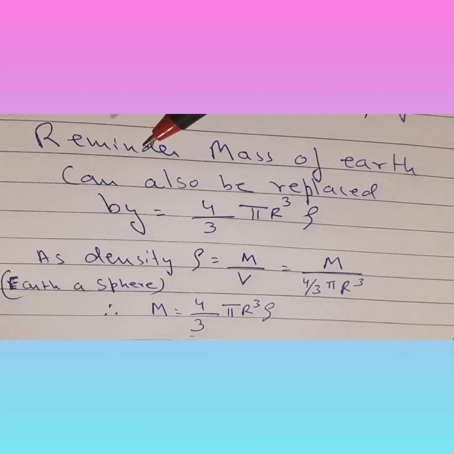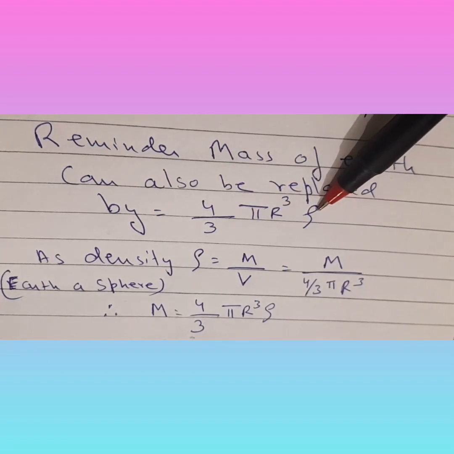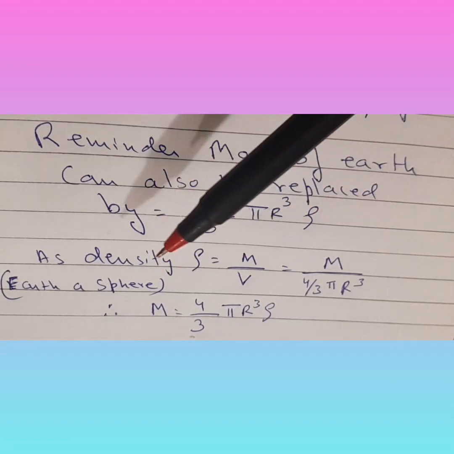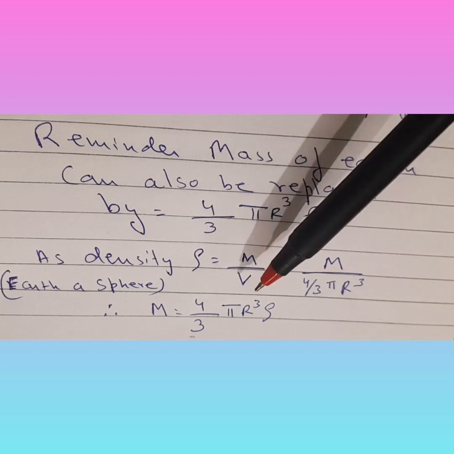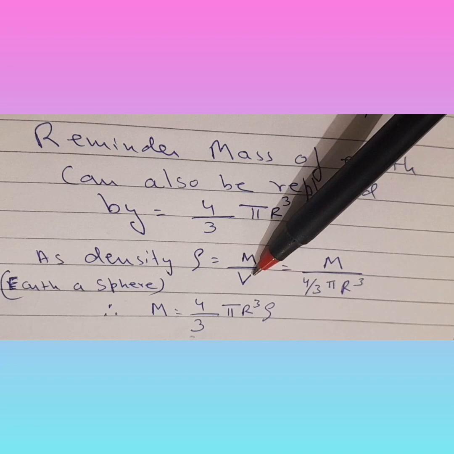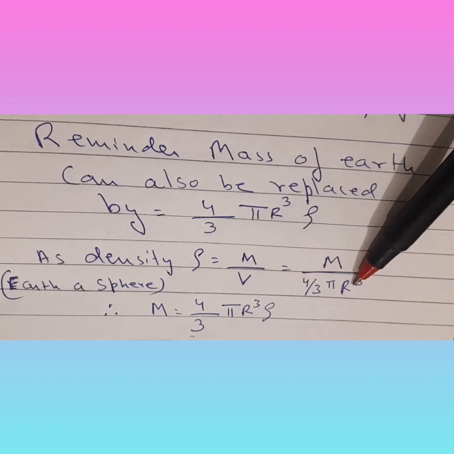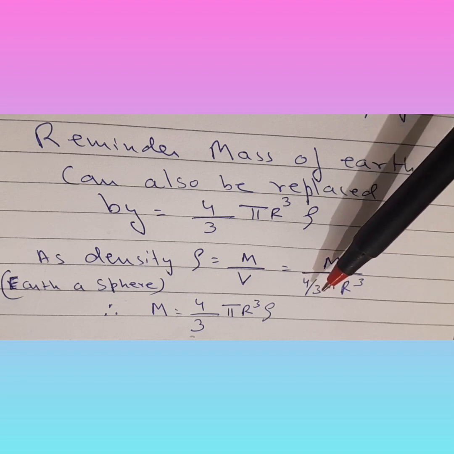Another thing that I need to bring to your notice is about mass, the mass of Earth specifically. We know Earth is a sphere. Now the mass of Earth can also be replaced by 4 by 3 pi R cube rho, where rho is density. Density is mass over volume, and volume we can put as 4 by 3 pi R cube, as Earth resembles a sphere.